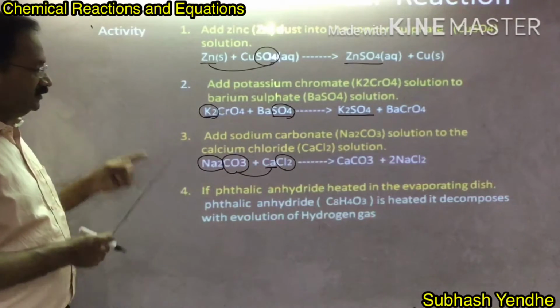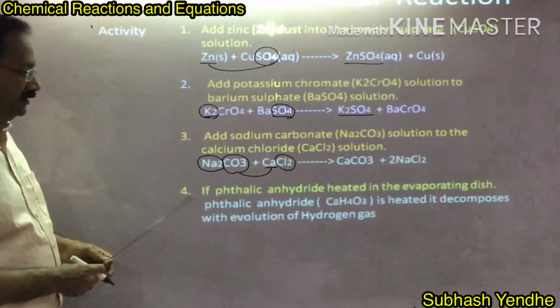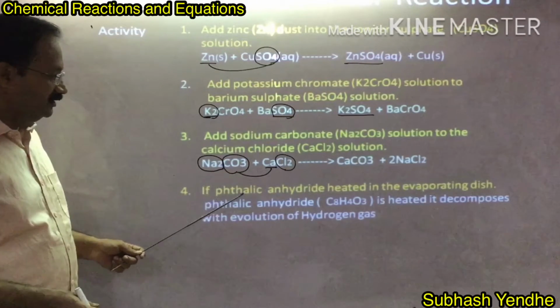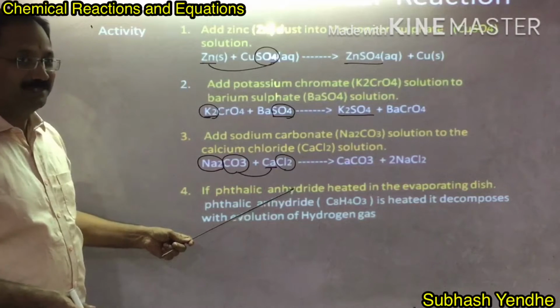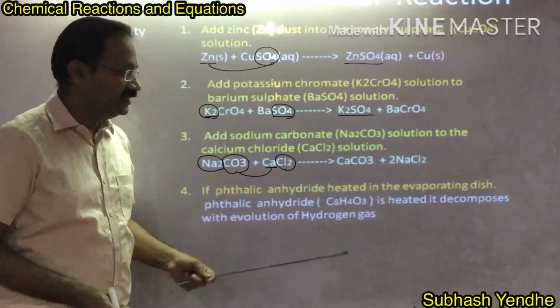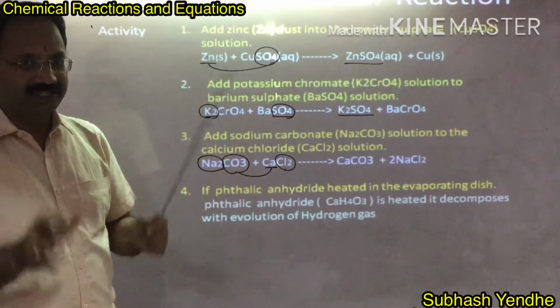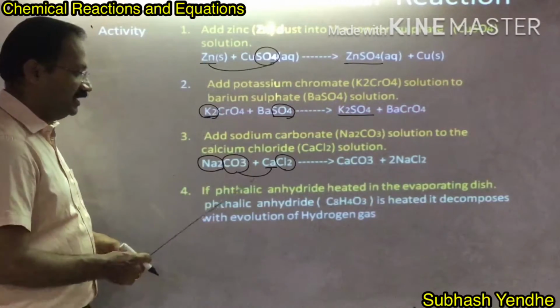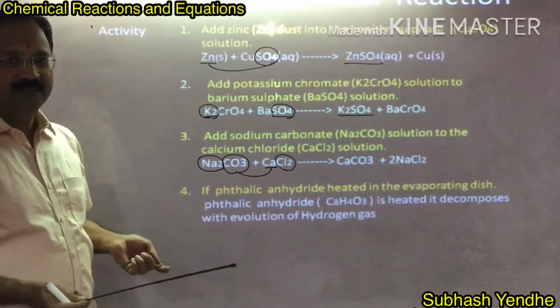Now the fourth and the last activity. You have seen this with a different name in our textbook. This is phthalic anhydride which is heated in the evaporating dish. If you heat the phthalic acid, what will happen?